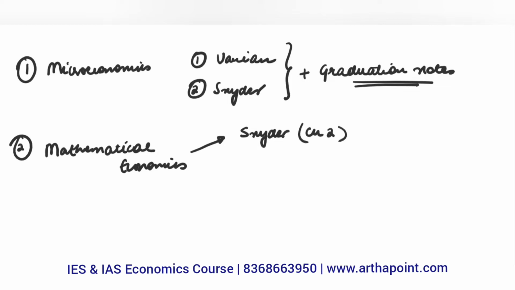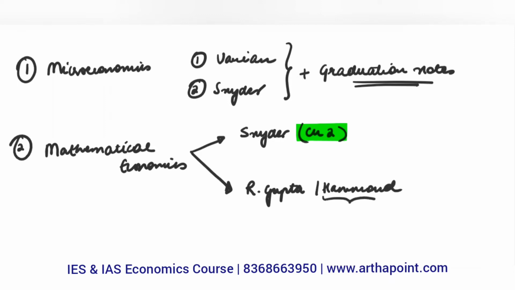It's a good enough chapter which talks about all the mathematical part of economics. Alternatively, you can take a book called R. Gupta. Hammond is also a good book, but Hammond is more for doing masters, more for cracking those entrance exams. But for IES, R. Gupta will be a good enough book.